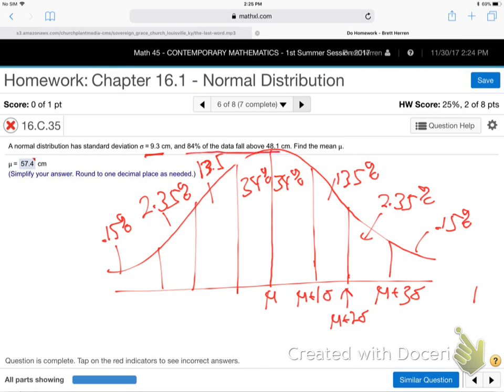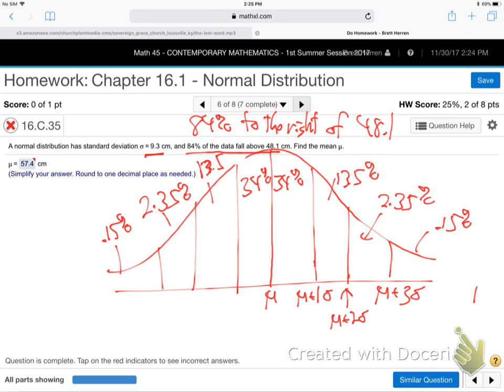Okay, so now what they're saying is you want to spot where 84% of the data fall above. 84%. So when they say 84% above, they mean to the right. Above is to the right of 48.1. Okay, so hold on. Let me help you with how you get your bearings on the normal curve.